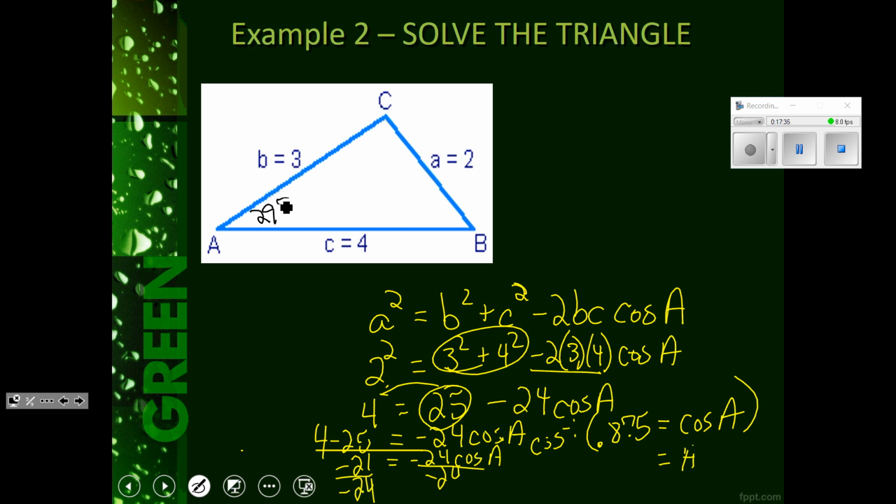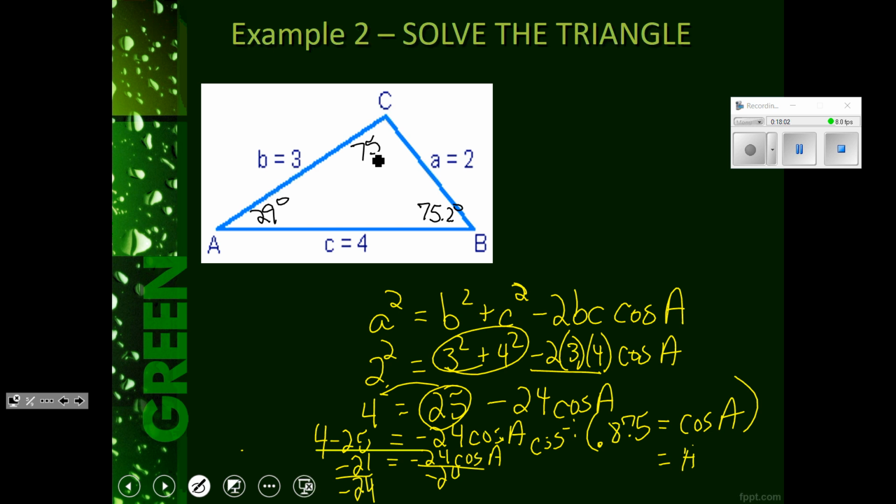Okay. So what are we going to use? Okay. So what do you have? What does B come out to equal? 75.2. Okay. And what does C come out to equal? 75.8?